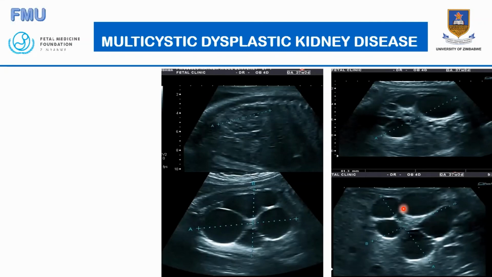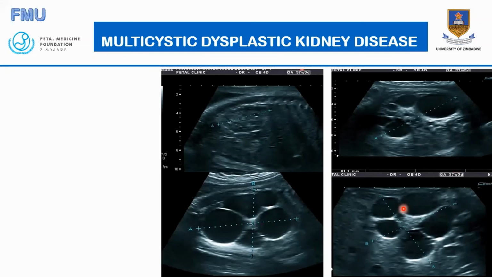So polycystic kidneys is a worse kind of disease in that it has a long-term impact. When you label somebody as having polycystic kidneys, you have sort of condemned that baby to a life of suffering. The baby will have chronic hypertension from renal problems, and they will eventually develop renal failure.